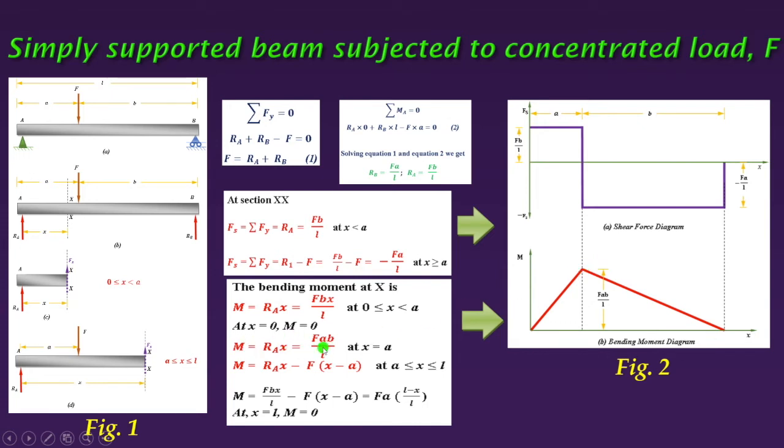Now the next part, when the section is in between F and point B, the bending moment M equals Ra x minus F into (x minus a), that is, Fb x by L minus F (x minus a).